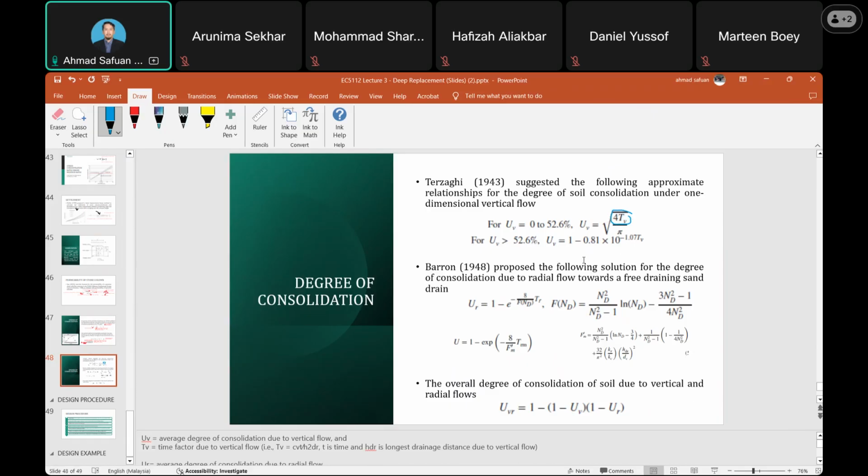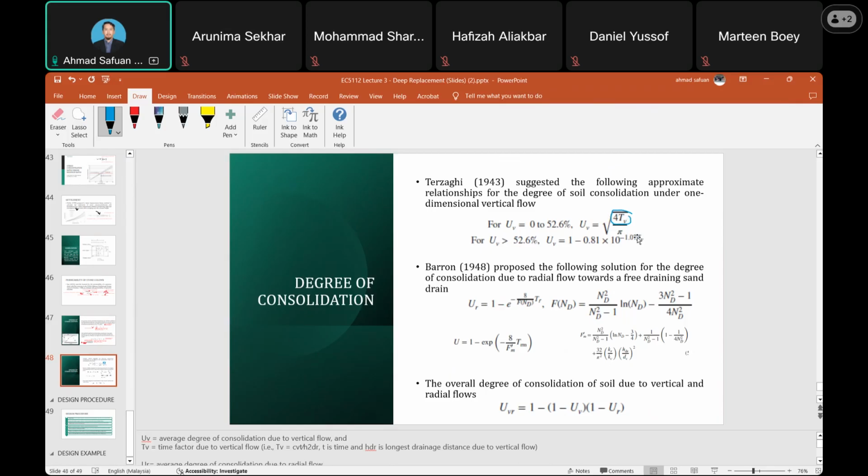If we calculate that the TV is greater than 52.6, then we need to change from this equation to this equation. So that is to get the UV.